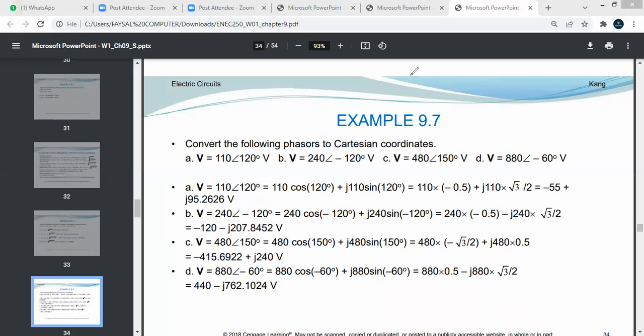For writing, it will be like A is my 240 cos of minus 120 plus j into 240 sine of negative 120.